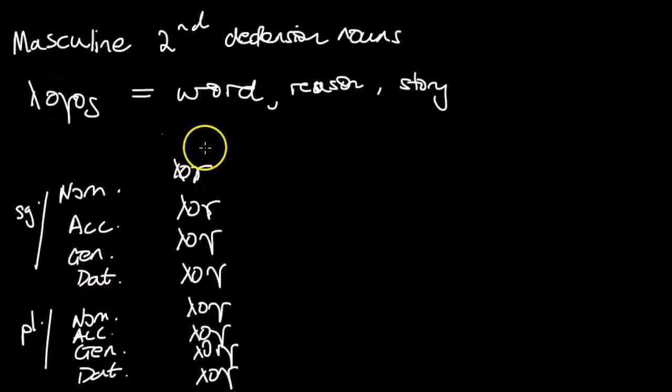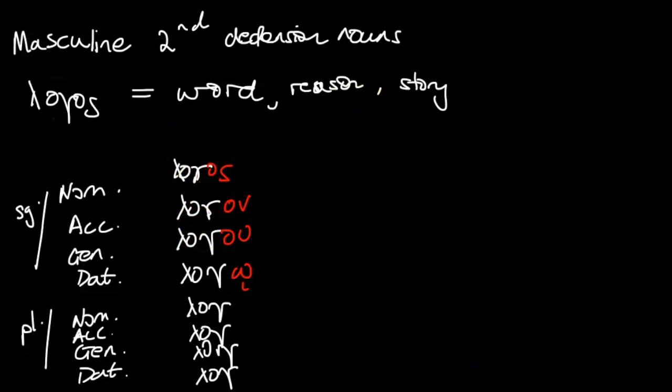Okay, and of course we're separating out singular and plural. And now for the endings. It goes logos, logon, logou, logō with the iota subscript for the singular, and of course that mimics the definite article, except the nominative singular.